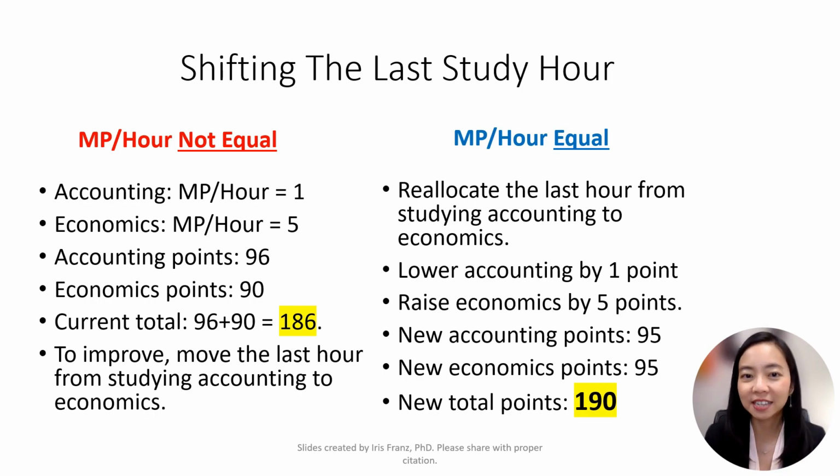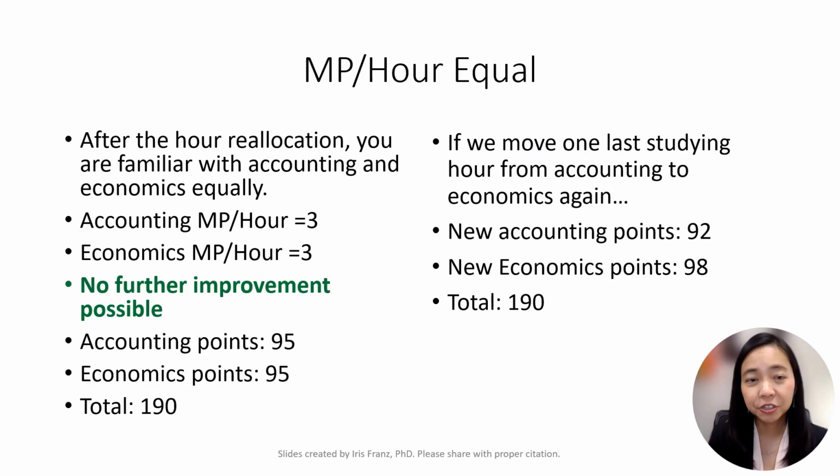See, shifting studying hour from a lower marginal point per hour subject, which is accounting, to a higher marginal point per studying hour subject, which is economics, raises your total points. After the shift of hour, you are equally familiar with accounting and economics. In particular, after cutting 1 hour from accounting and adding 1 hour to economics, you are relatively less familiar with accounting and relatively more familiar with economics compared to your past self.